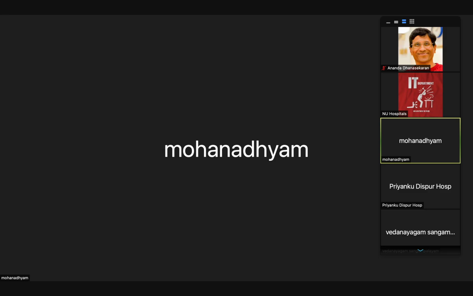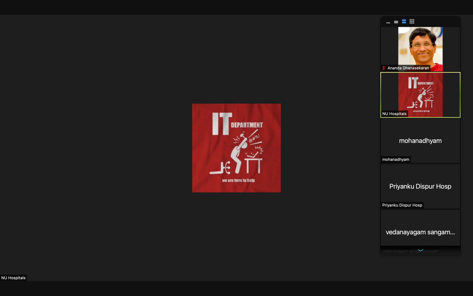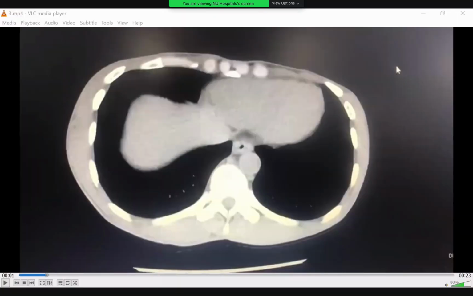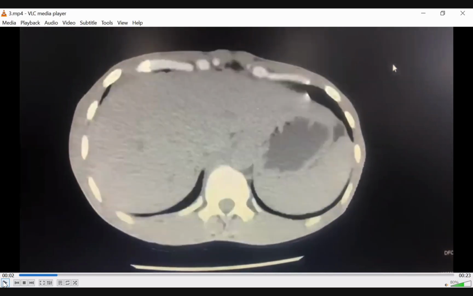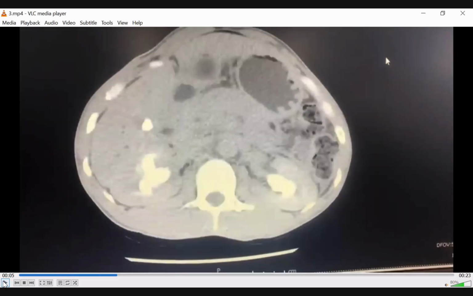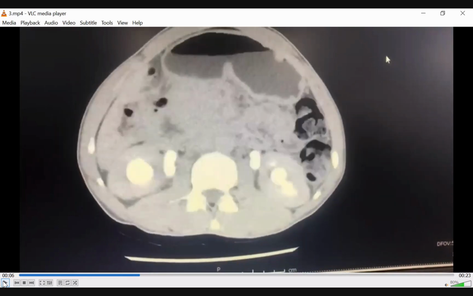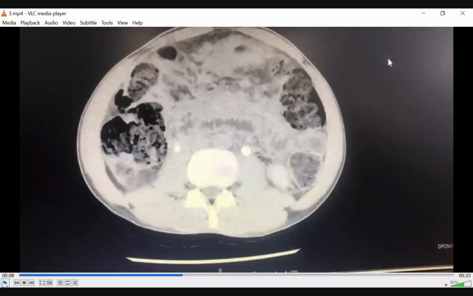Yes, these are the angiographic sequences.